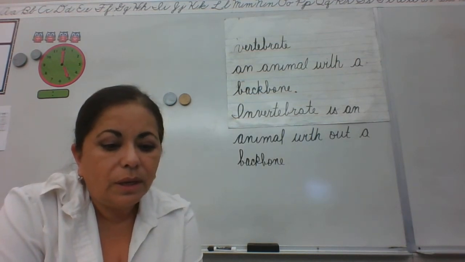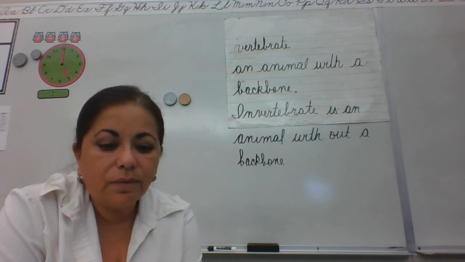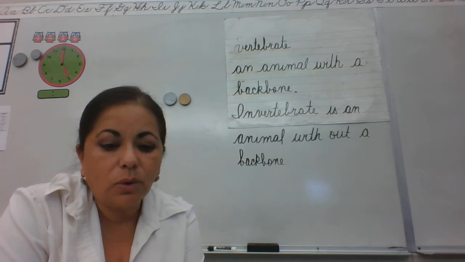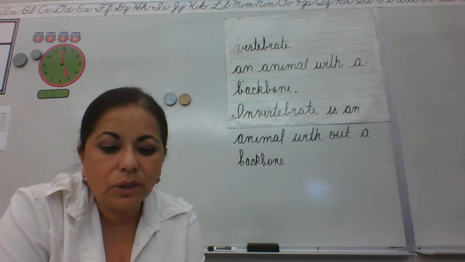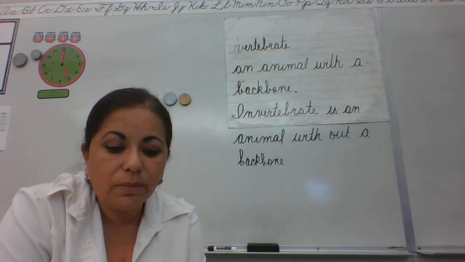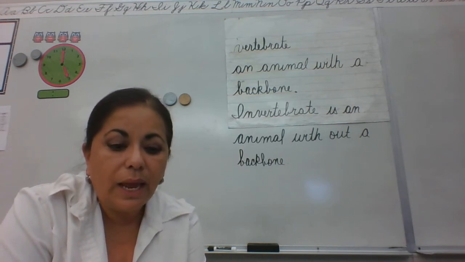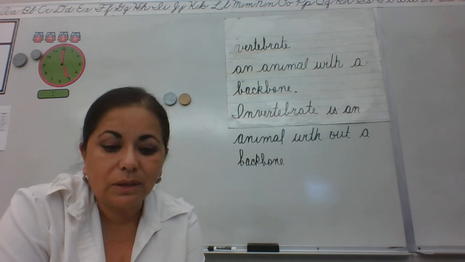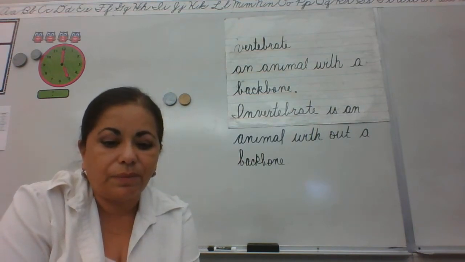Vertebrates are the animals we see around us every day. Every vertebrate has a backbone. The backbone protects the spinal cord that passes through it. Vertebrates have the same major systems that humans have. They have skin, skeleton, muscles, nervous system, respiratory, and digestive systems. They all have the same thing we do.